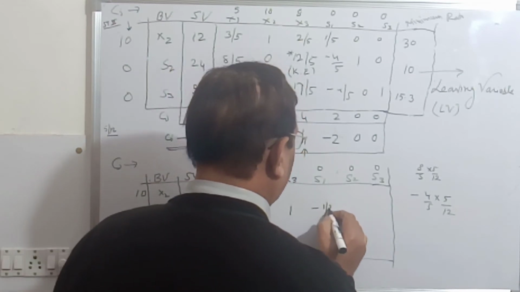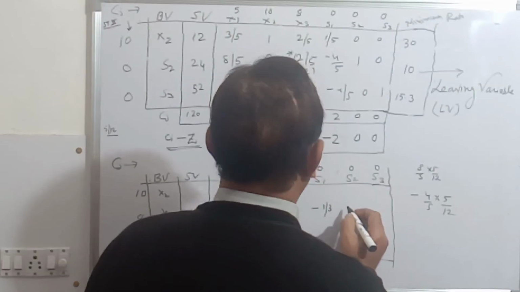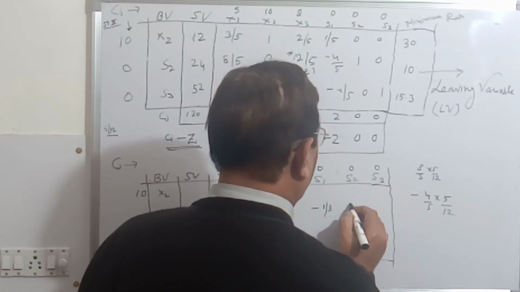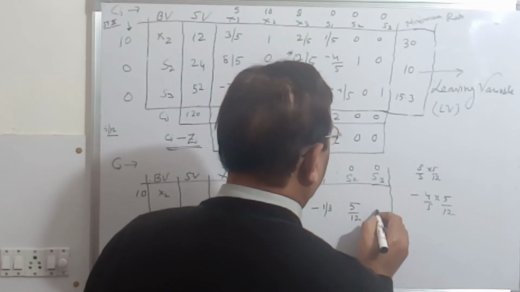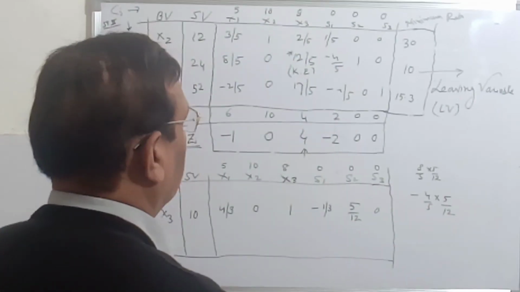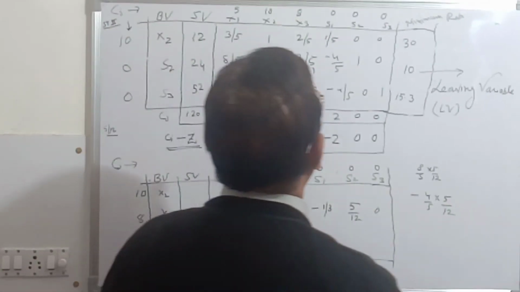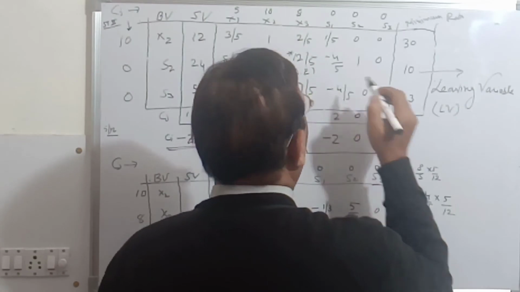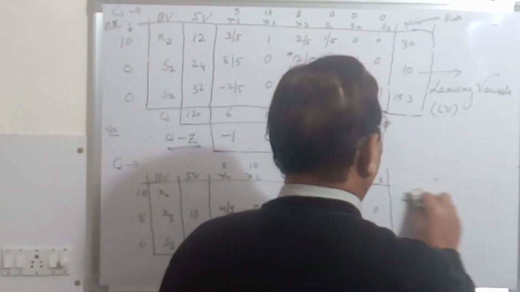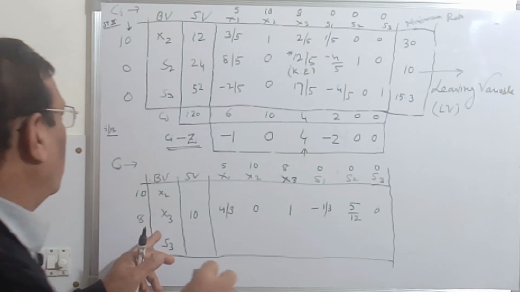This is 5 by 12 and this is 0. Now, this is your new row.